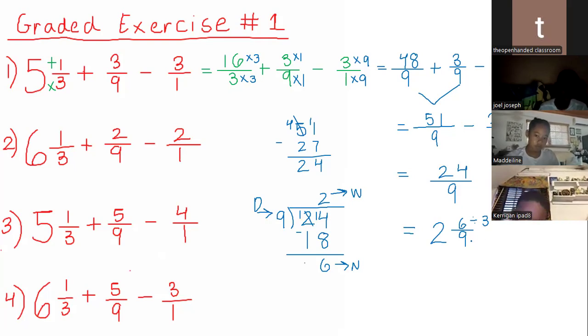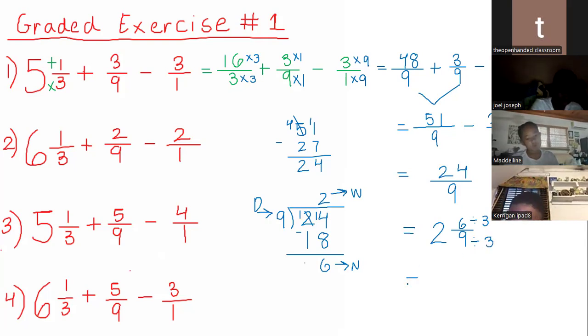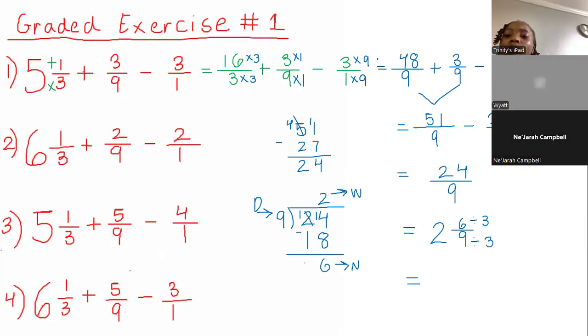I use 3. What did y'all use to simplify it? 3. So 6 divided by 3 is 2, and 9 divided by 3 is 3.